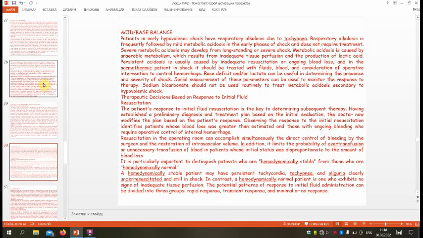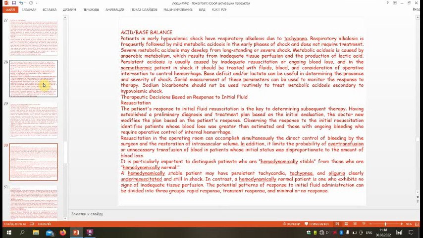Observing the response to initial resuscitation identifies patients whose blood loss was greater than estimated and those with ongoing bleeding who require operative control of internal hemorrhage.